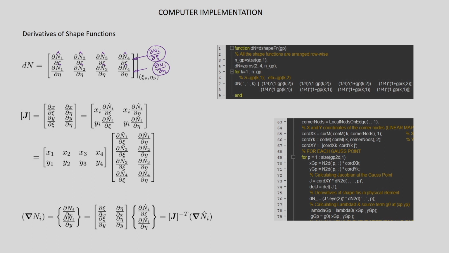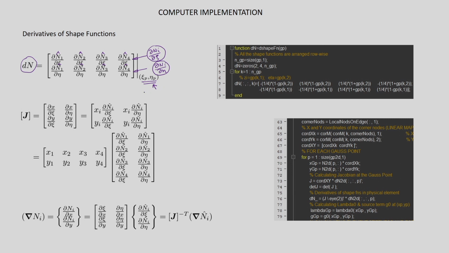But since these ni's are functions of xi eta, if we take a partial derivative with respect to xi, it will be a function of eta. So the entries of this Dn matrix will be functions of xi and eta, and we have to evaluate them at a particular Gauss point.